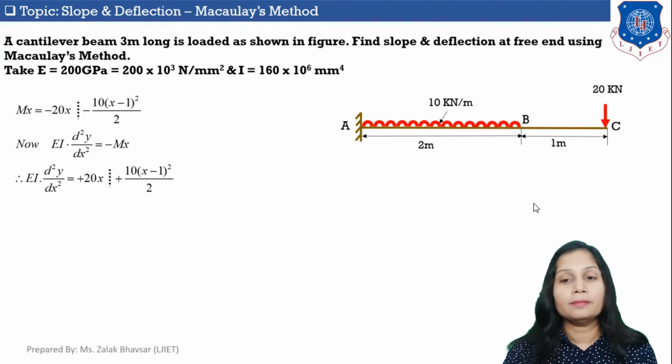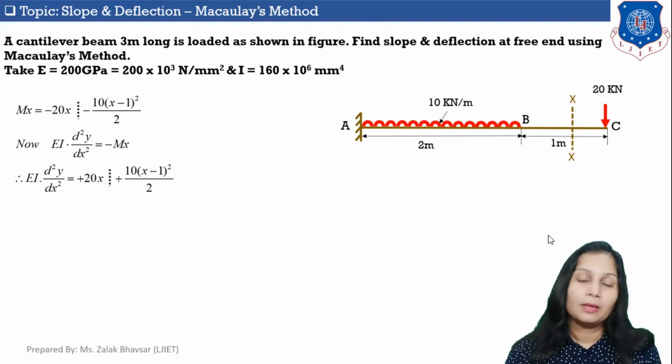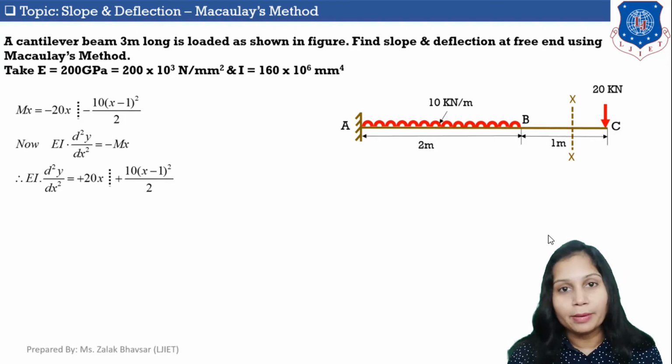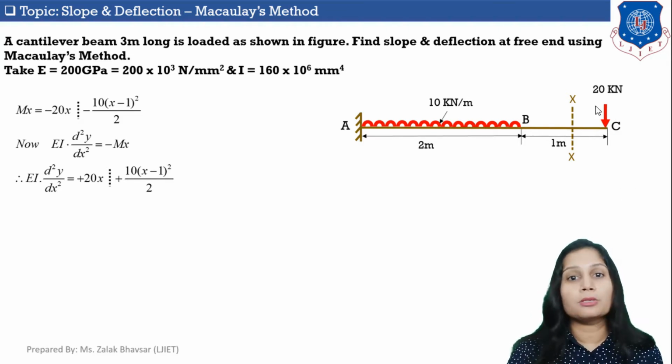So I am taking section at a distance x meter from point C in part BC. Now let's calculate moment in part BC. Now in part BC, this 20 kilonewton load will generate a moment about this section line.